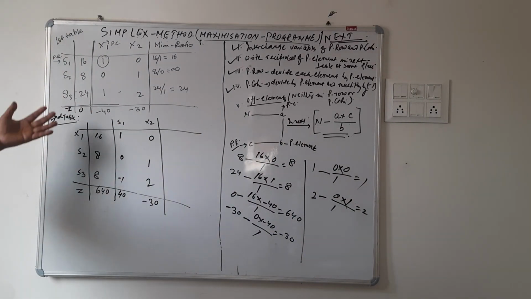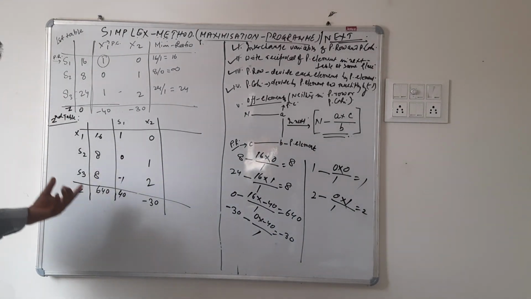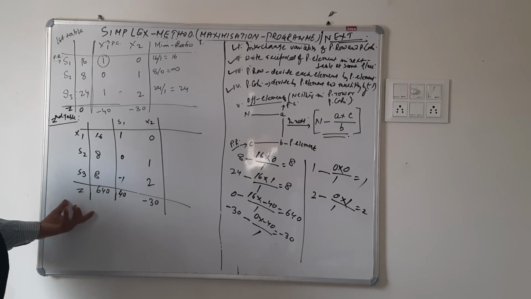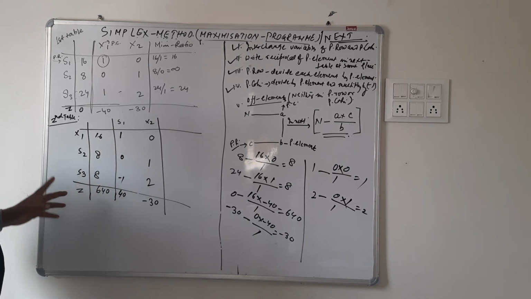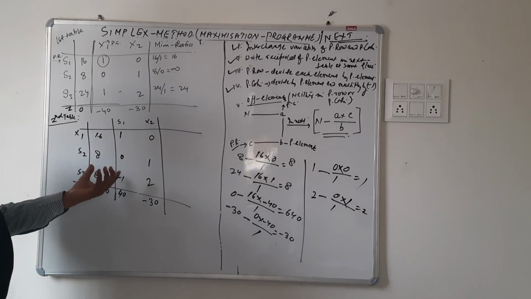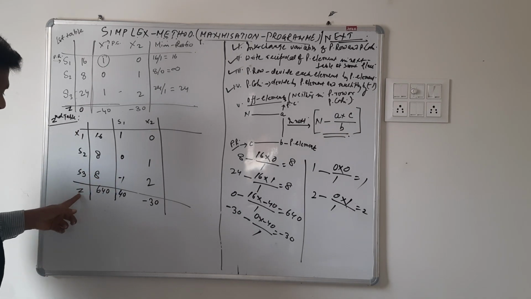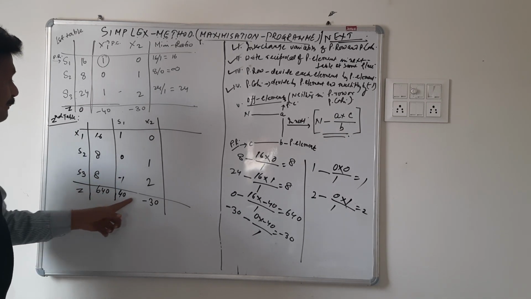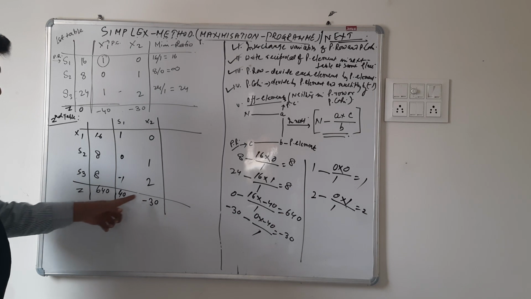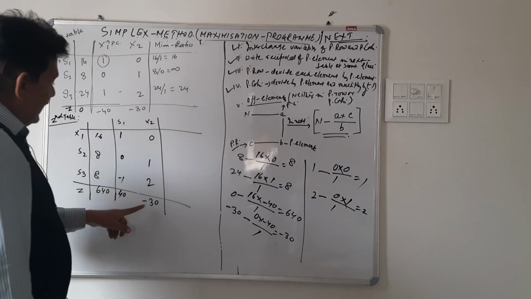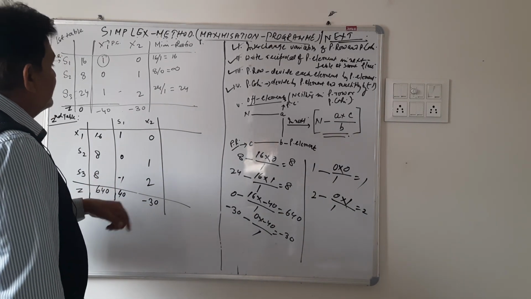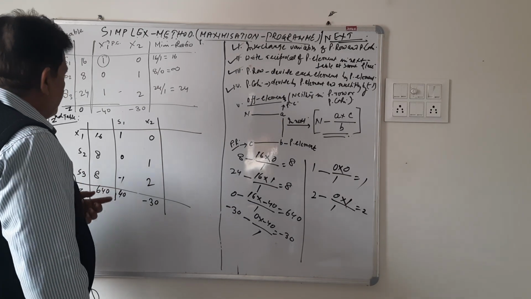Now, what we observe in second table, yet we have not finished our work. We have to improve this solution till all entries against z becomes 0 or positive. Still we have one element as negative, so it needs another improvement.